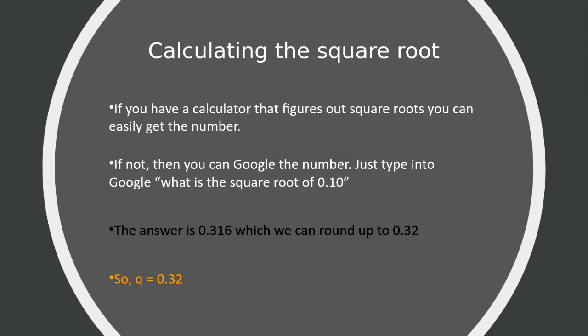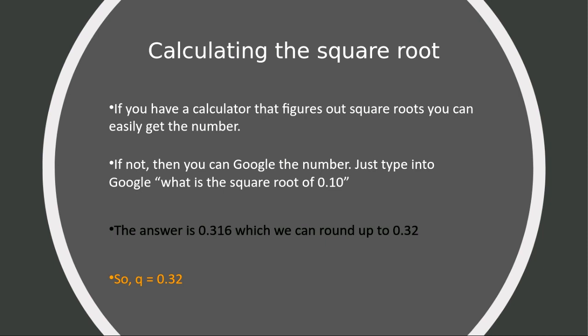So calculating the square root, we can do this a couple of ways. If you have a scientific calculator, then that will figure out square roots for you. You just put in the number that you want and hit the square root function, and it will give you the answer. But if you have just a regular calculator, or you have a hard time figuring out how to use your scientific calculator, which is something that troubles me now and then, it's just as easy to type your question into Google and you'll get an answer.